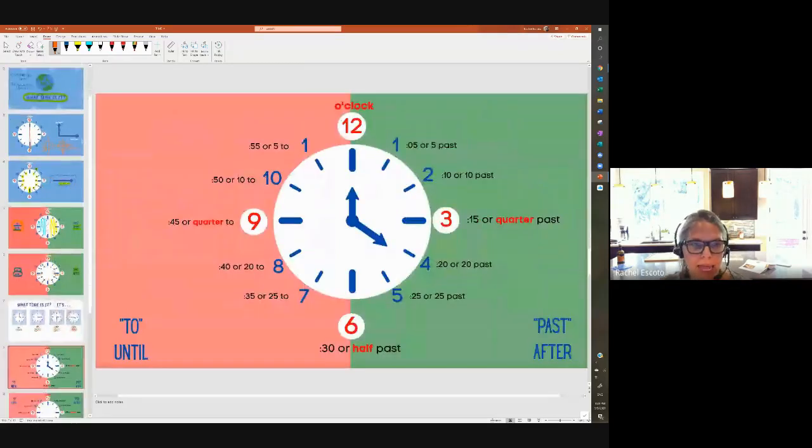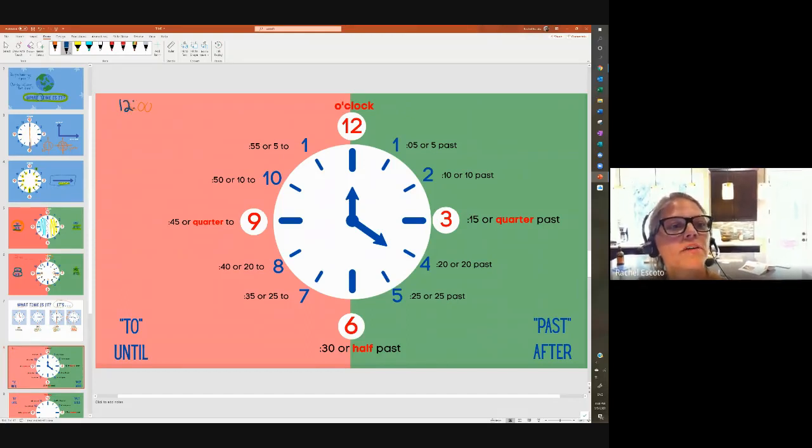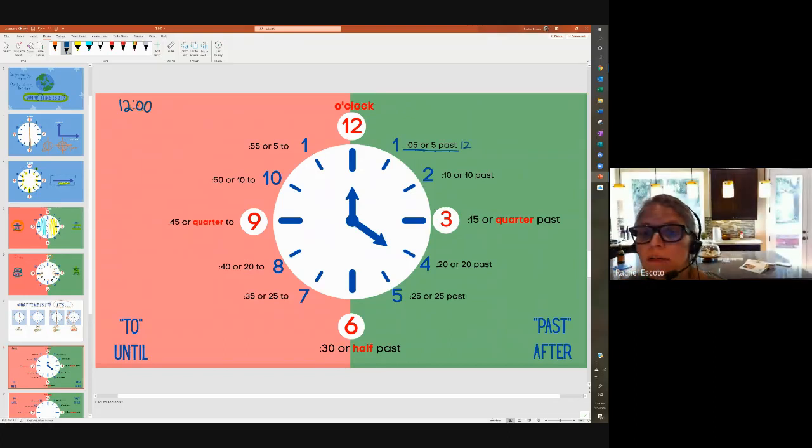So let's look at that again, right? Let's just say we're talking about 12 o'clock. Let me write that in black because we can't even see that. 12 o'clock. So if our minute hand is moving, here we would say 12:05 or 5 past 12.